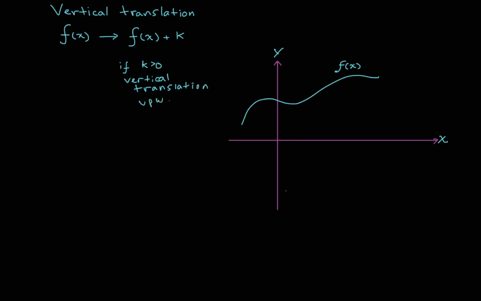And how many units will it go up? Well, it's going to be k units, right? Now, conversely, obviously, if k is less than 0, what's going to happen? Now we're going to have a vertical translation downward. And again, we would go down by k units.